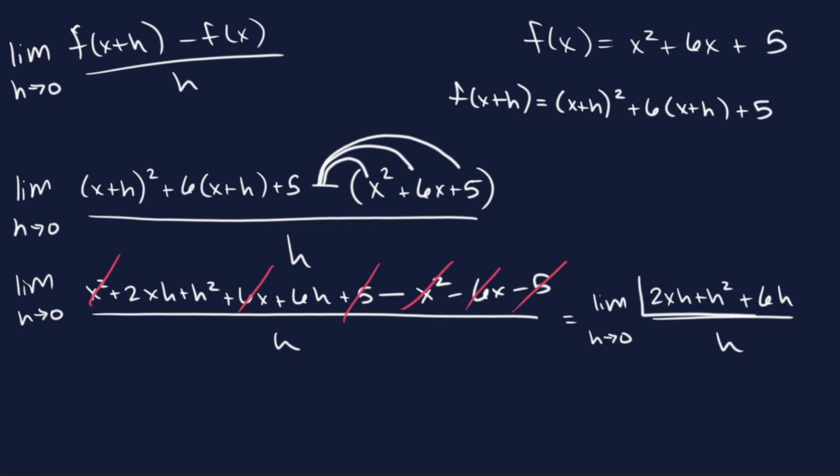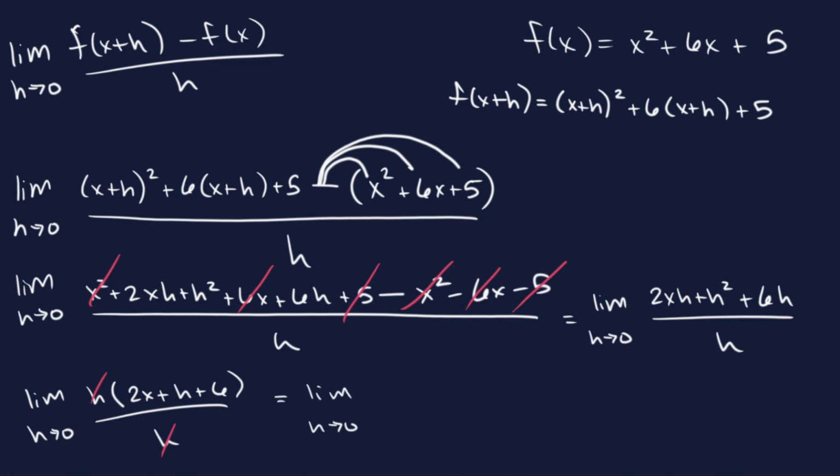How we do that is, because there's an h term in every single thing up top, we're going to factor that out to make it the limit as h approaches 0 of h times 2x plus h plus 6 over h. Now you can see that these two h terms can cancel out to just leave you with the limit as h approaches 0 of 2x plus h plus 6.